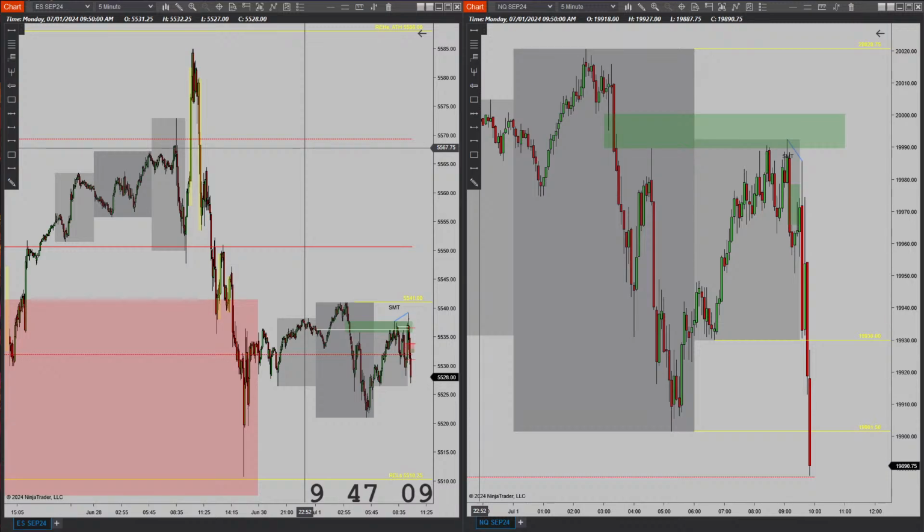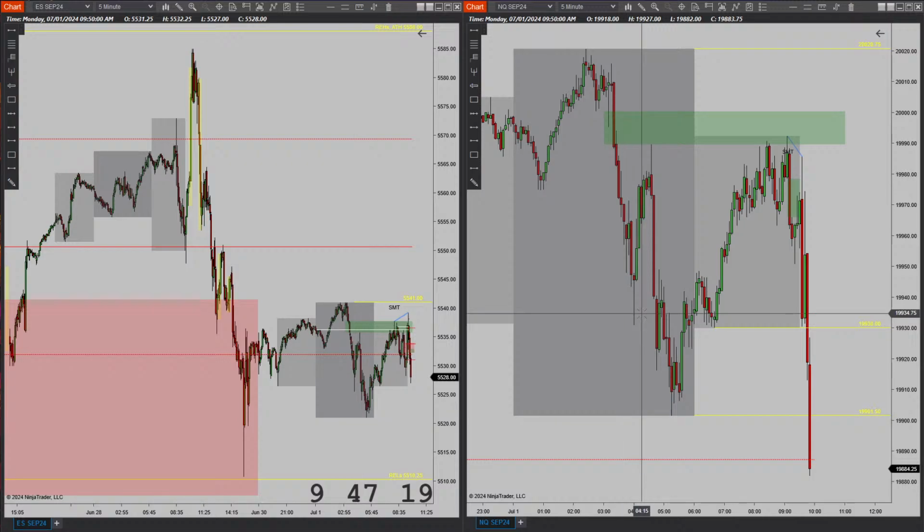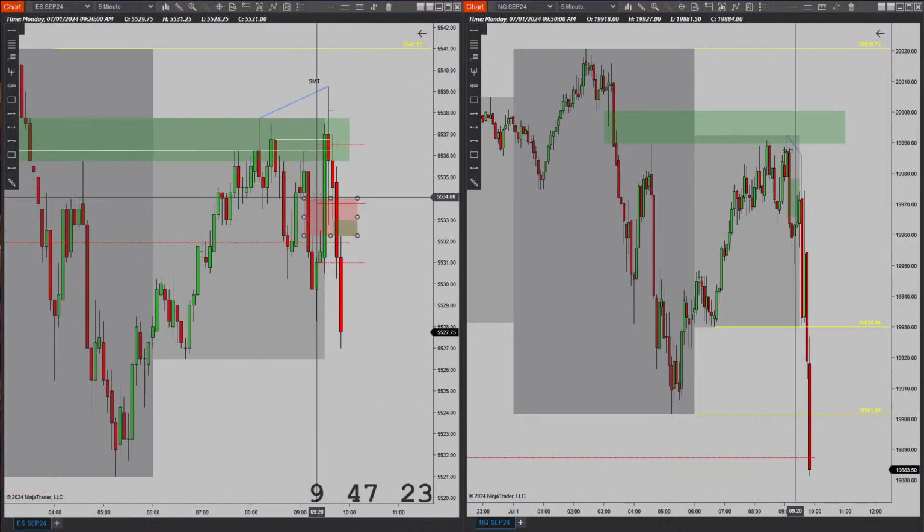We should continue to draw lower from here. Perfect. All right, so what do I want to see next?